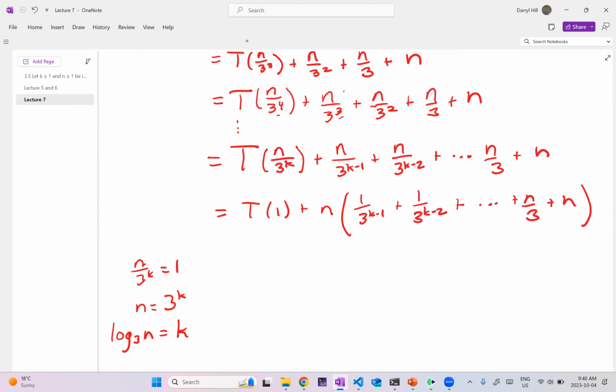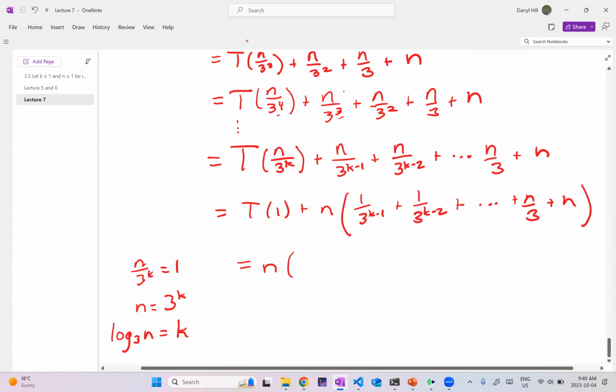And again, these are all the bytes of turkey I've taken. So in my next recursive call, I took n over 3 bytes. In the following recursive call, I took n over 3 squared bytes. In my last recursive call, I took 1 over 3 to the k minus 1, and we're going to evaluate what exactly that is. This is equal to 0.